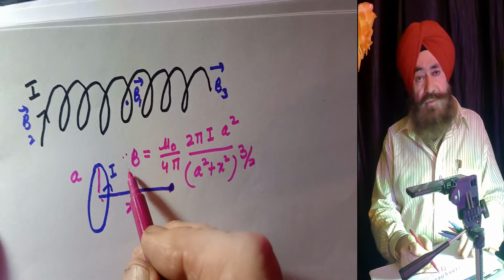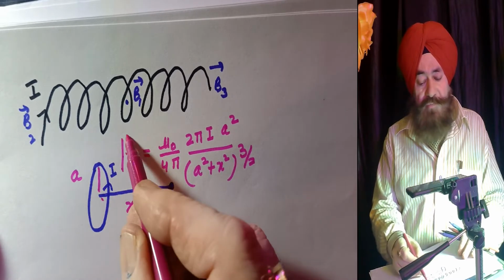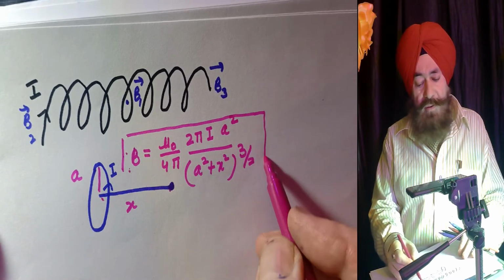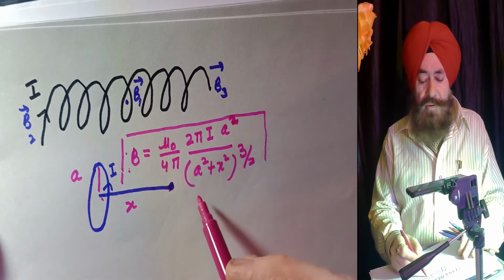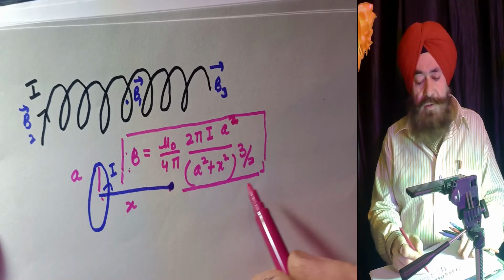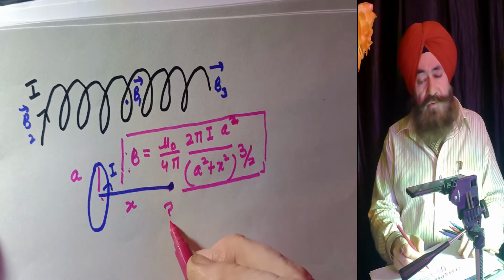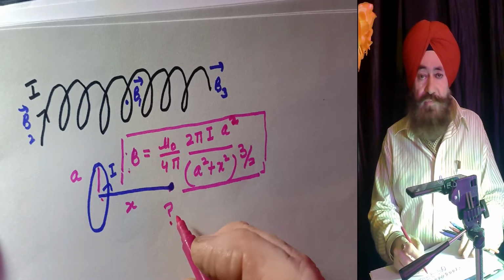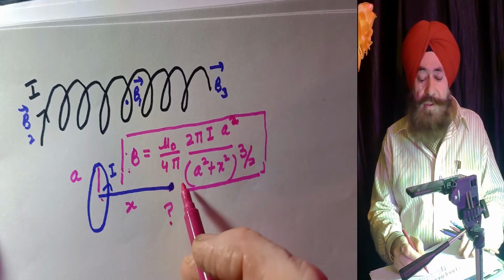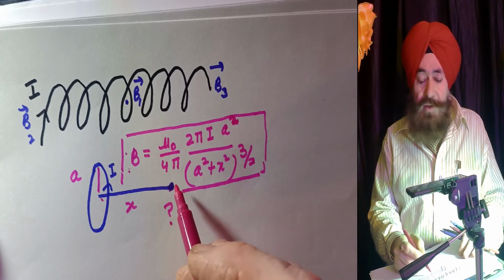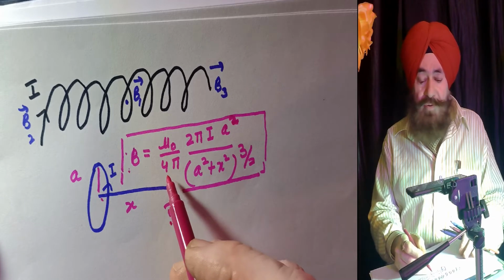How does this formula come? How do we know this formula? No problem.